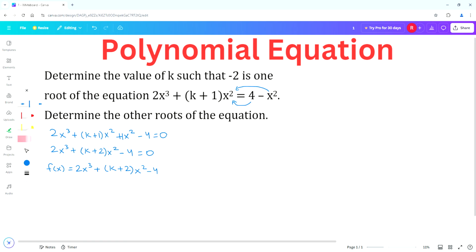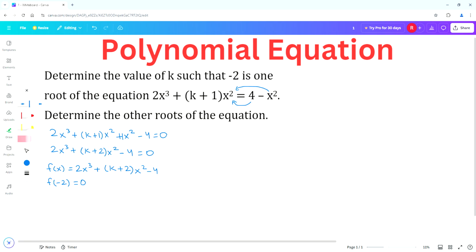As per the problem, -2 is one root of the equation. So as per the remainder theorem, f of -2 should be equal to 0. There is a very important concept we need to understand to solve this type of problem.